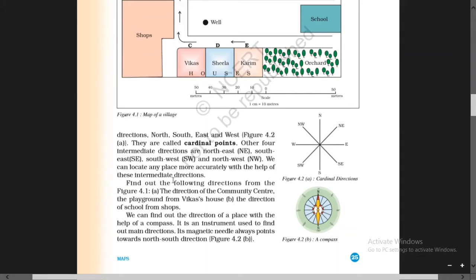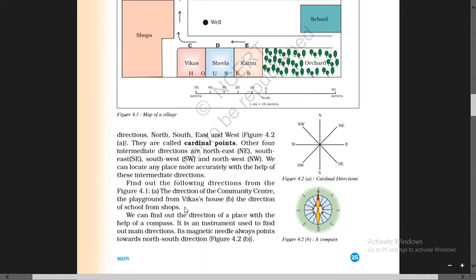Find out the following directions from figure 4.1: the direction of the community center, the playground from Vikas's house, and the direction of the school from the shops.